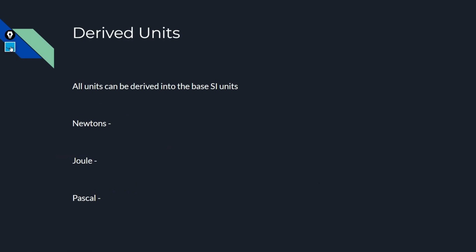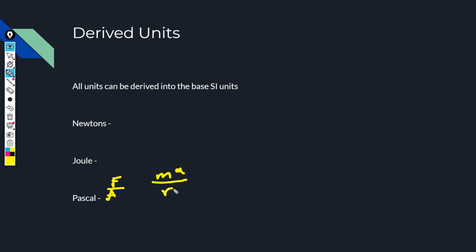And we can find pascals, which is a bit more challenging since pressure has a formula force over area, right? But what is force? Force is also a derived unit. So the overall formula would be ma over area.